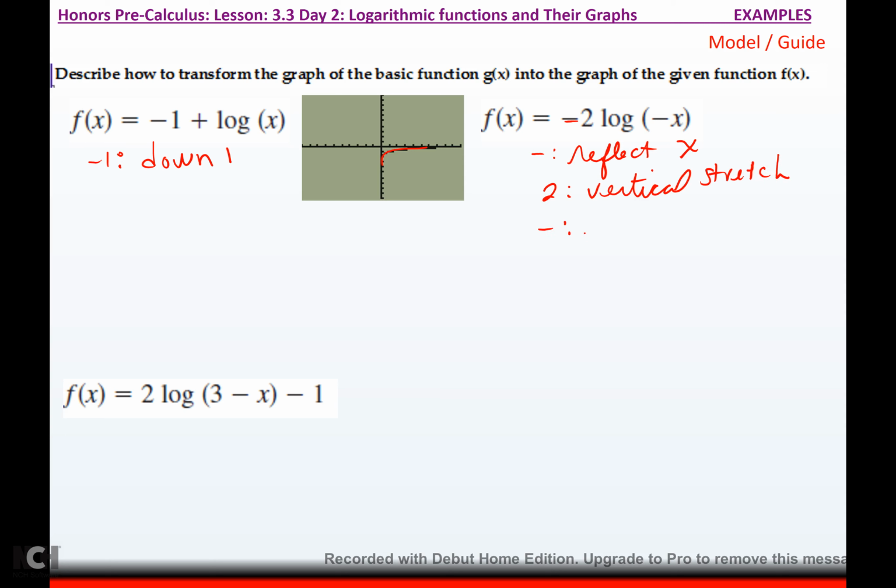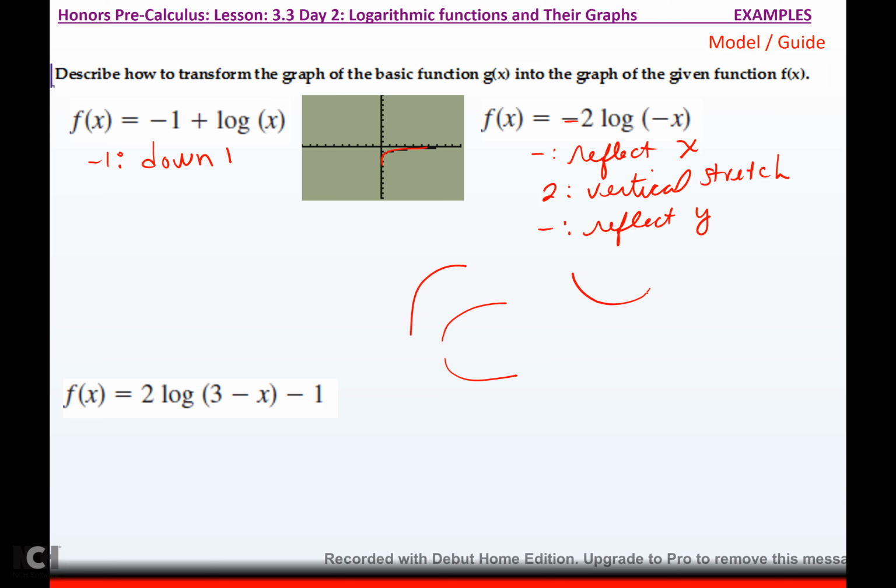And the negative on the inside is going to reflect over y. So there would be the logarithmic function. Reflecting over x would turn it upside down, which would do this. And then reflect over y would turn it this way.